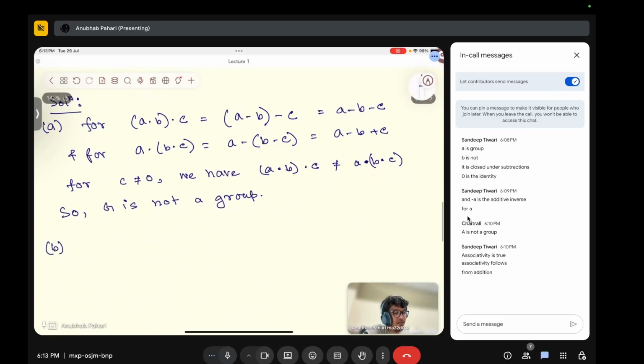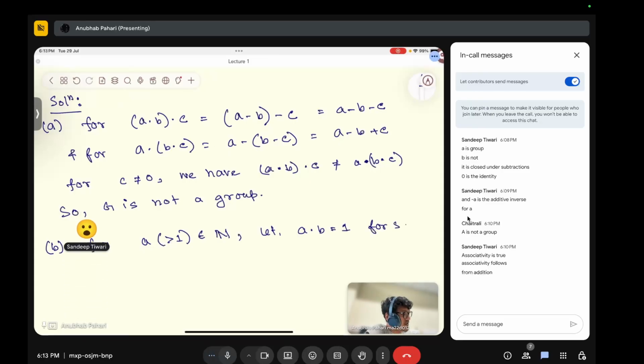Because for a greater than 1 from N, let a·b equals 1 for some b belonging to N, right?